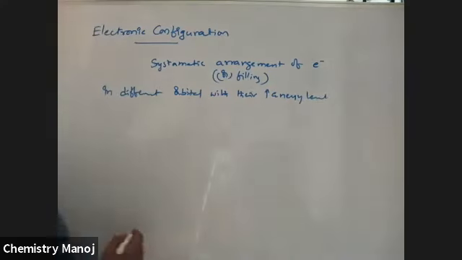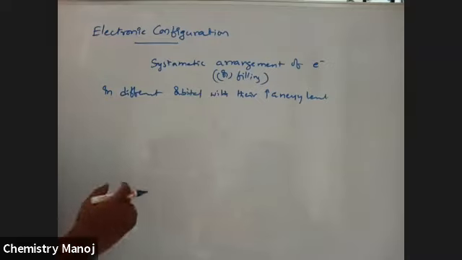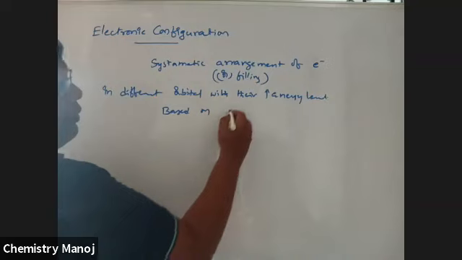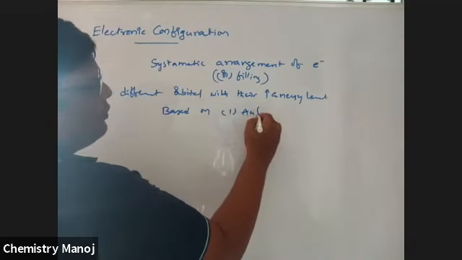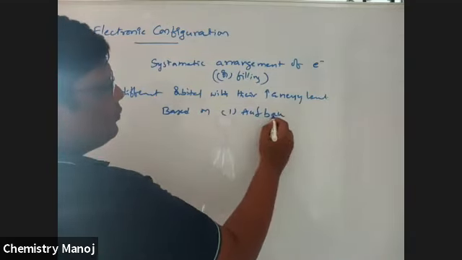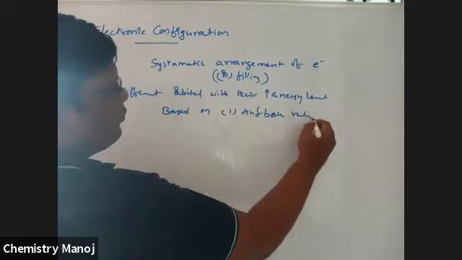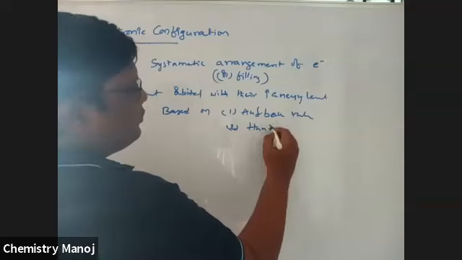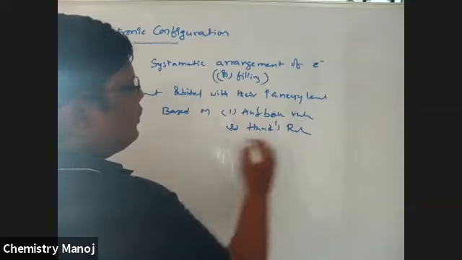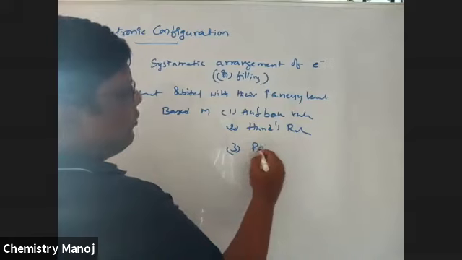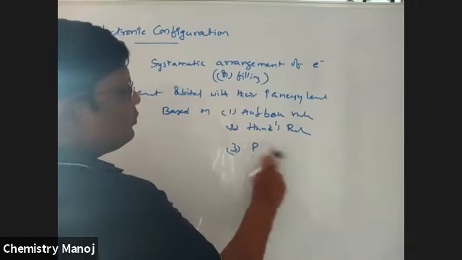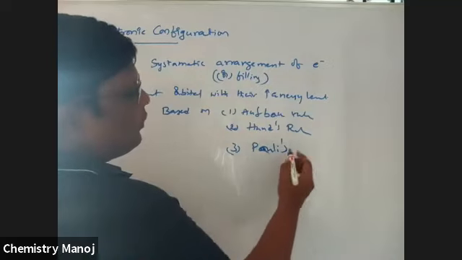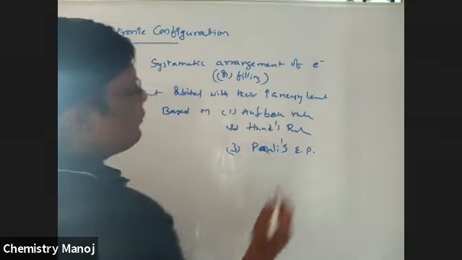That means an electron first enters the orbital having less energy, based on one, the Aufbau rule, second, Hund's rule, and third, Pauli's exclusion principle.